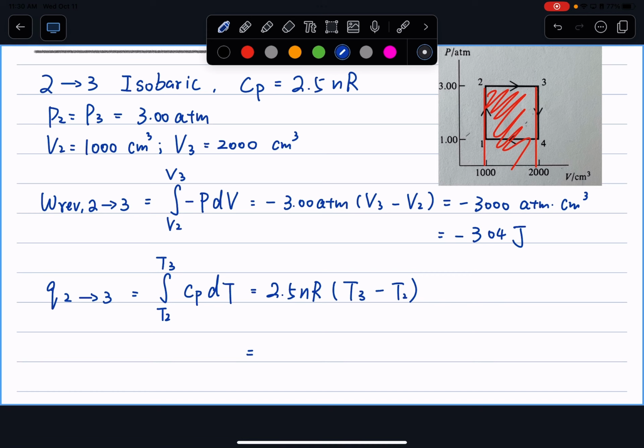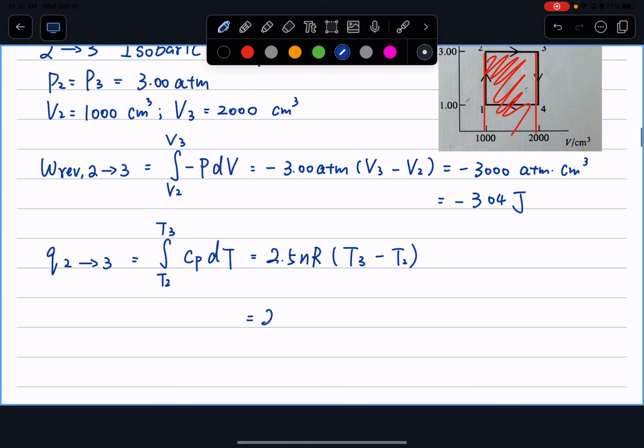And using our ideal gas law, we have 2.5 nR, P3 V3 over nR minus P2 V2 over nR. You can do the calculation and find out it to be 760 joule. And some of the terms can cancel out, right?